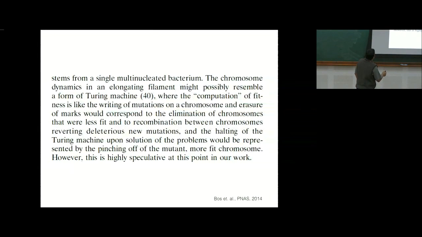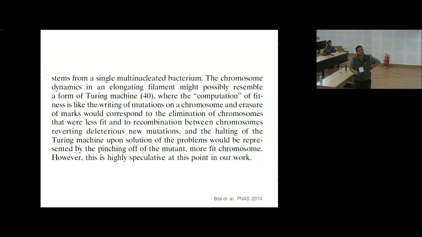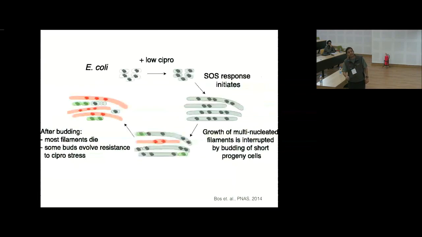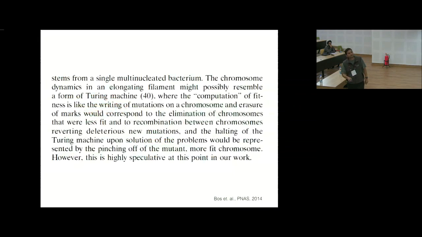They say that it possibly resembles a type of Turing machine, where the computation of fitness is like the writing of mutations on a chromosome, and erasure of marks would correspond to the elimination of chromosomes. So some guys essentially die off, and recombination between the chromosomes reveals mutations. The popping of the Turing machine upon solution of the problem would represent the picking off of the mutant, a more fit chromosome.